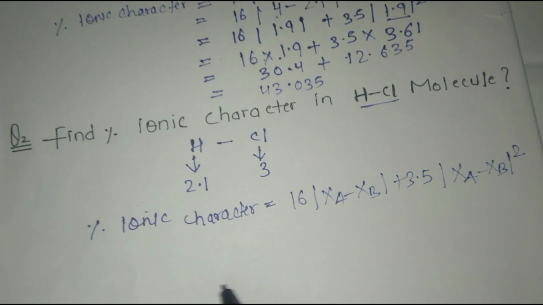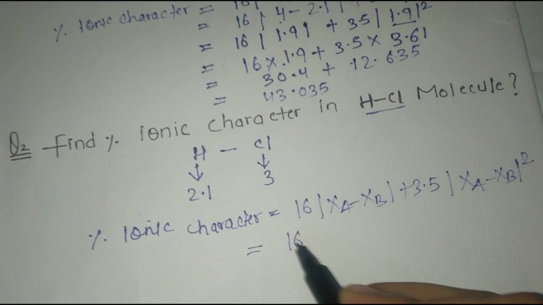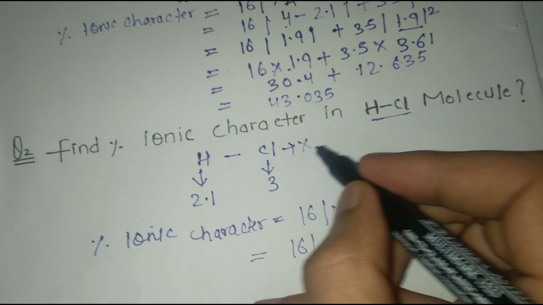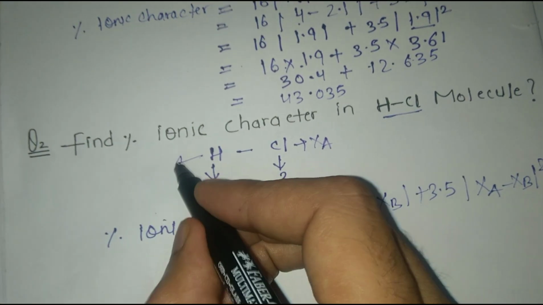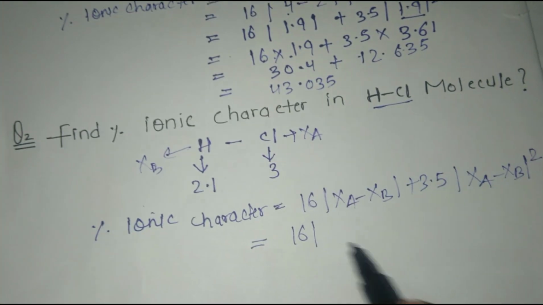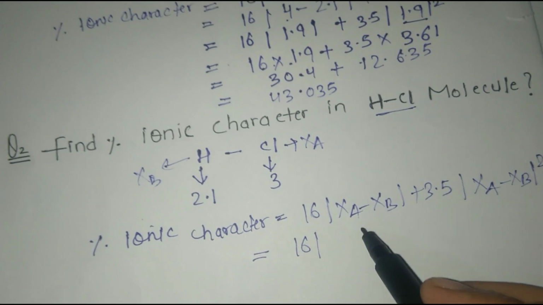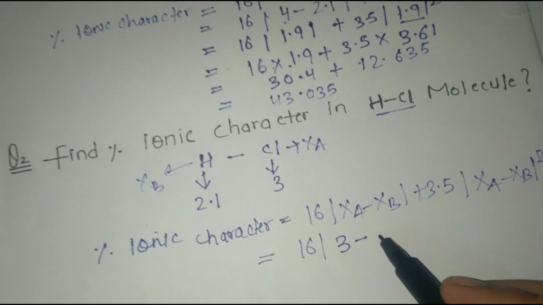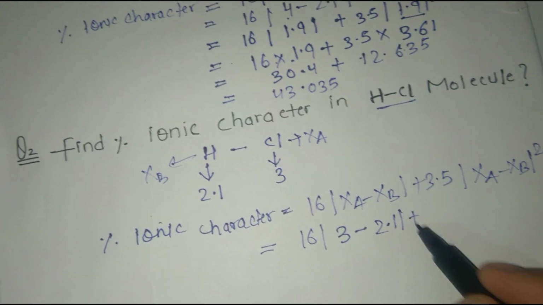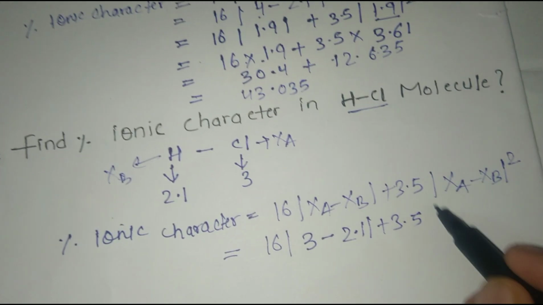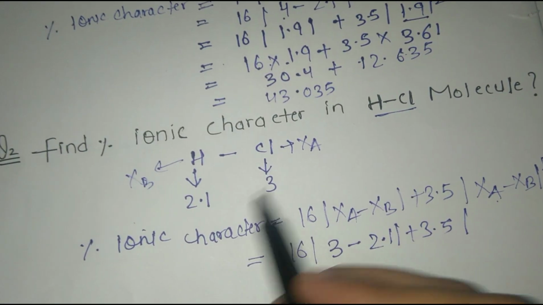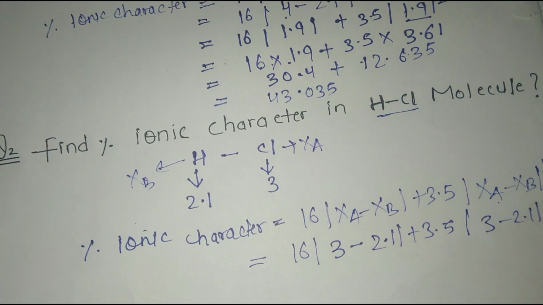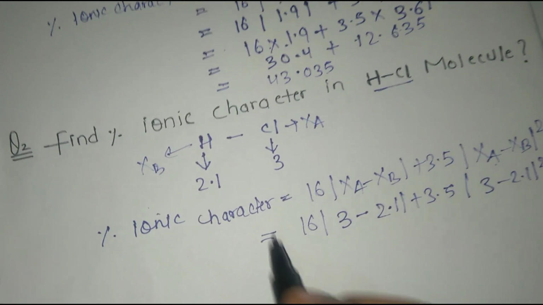Clear? When you put in these values, let's consider chlorine as XA and hydrogen as XB. The electronegativity of chlorine is 3, minus hydrogen's 2.1, plus 3.5 times 3 minus 2.1 mod power 2.